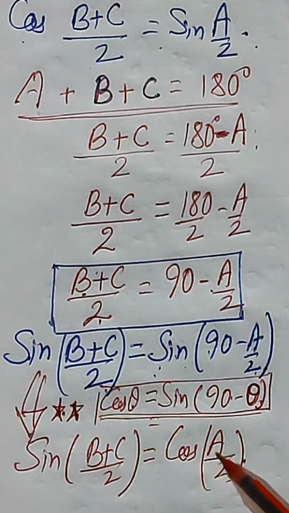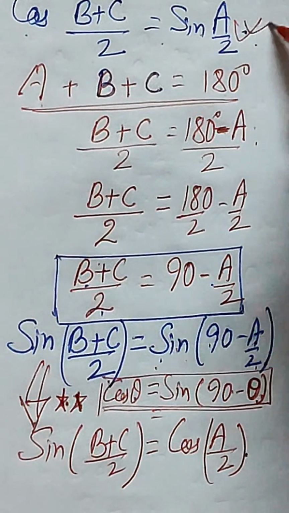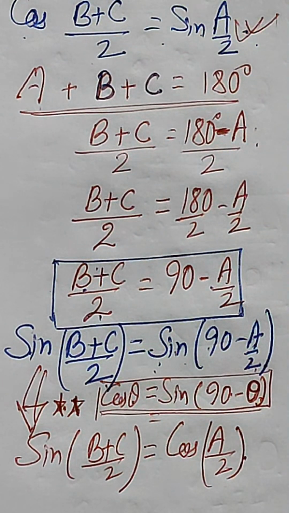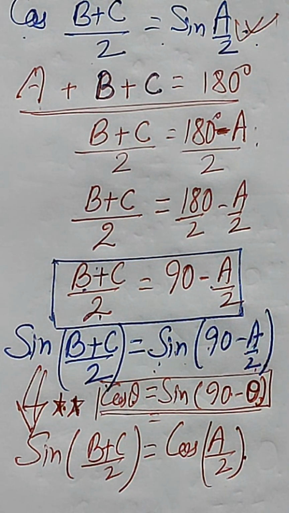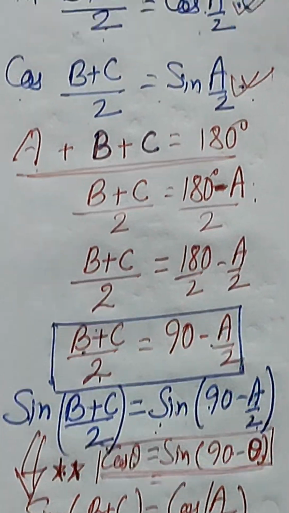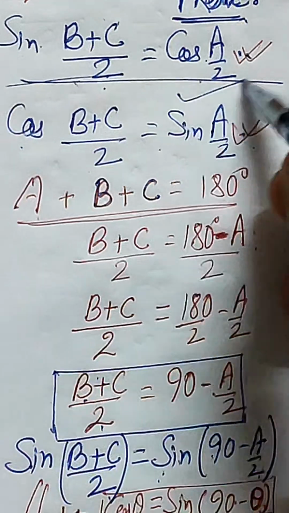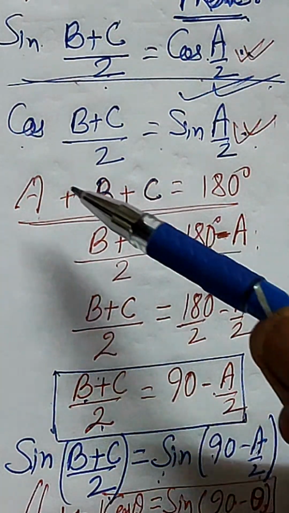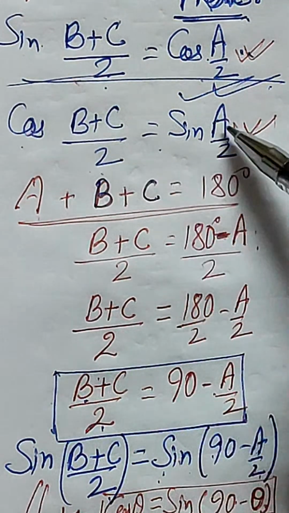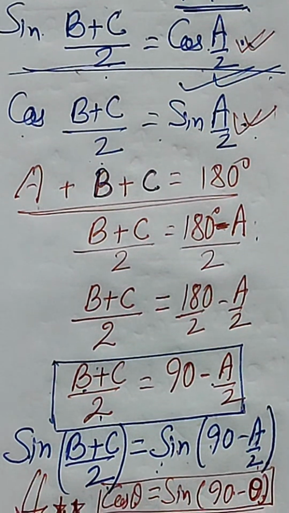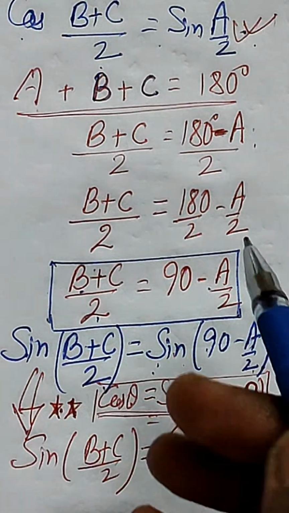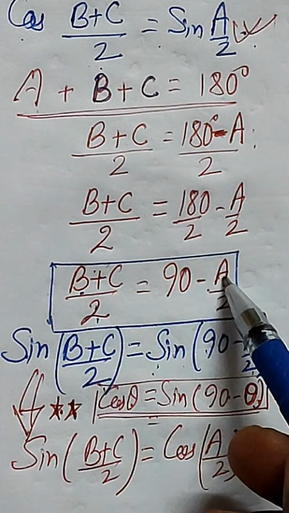So in this way we have proved the first part of the question, right? Similarly, take the second part. This is proved. Now in the second part, cos of (B plus C) by 2 equal to sine A by 2. Now, whatever we have derived, (B plus C) by 2 equal to 90 minus A by 2.